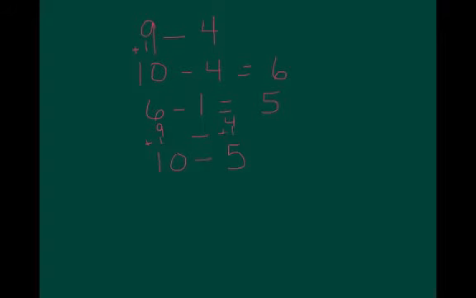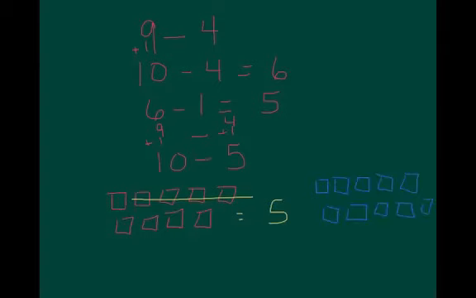So if we were to draw a picture of that, of 9, and I subtracted 4, just draw a line through those, how many do I have left? 5, okay? So what if I thought about this as 10, so I started with 1 more, but then I subtracted 1 more, so 9 minus 5.